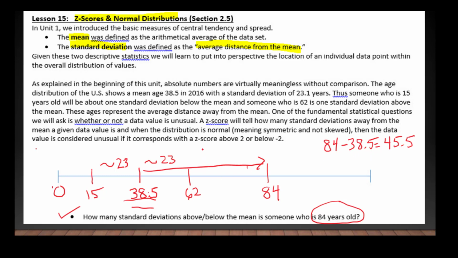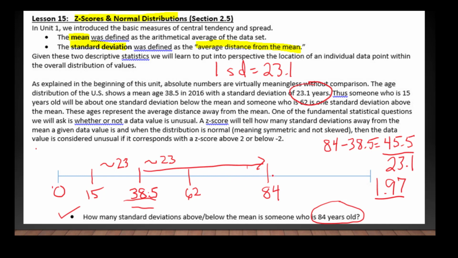Now each standard deviation is 23.1. So one standard deviation is 23.1. So I'm going to divide this by 23.1. And when I do that, I get 1.96, or 1.97.